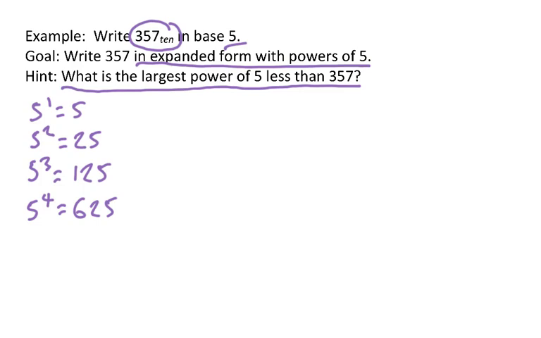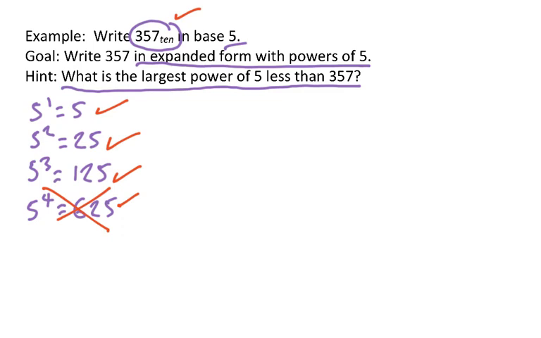There's no way that 625 would divide into 357, so we do not need to go as far as 5 to the fourth. However, what we do believe is that the number 357 could be broken apart and expressed as a sum of something times 5 cubed, plus something times 5 squared, plus something times 5 to the 1, plus perhaps some units.